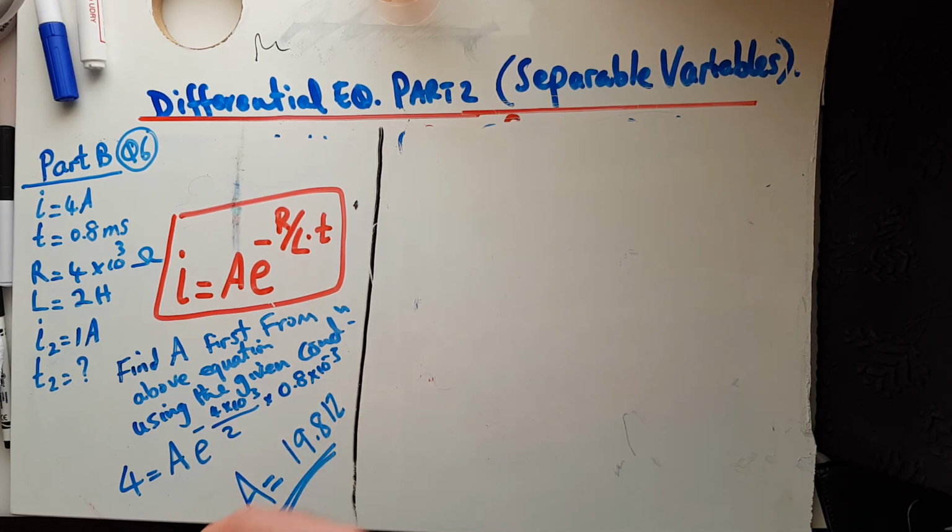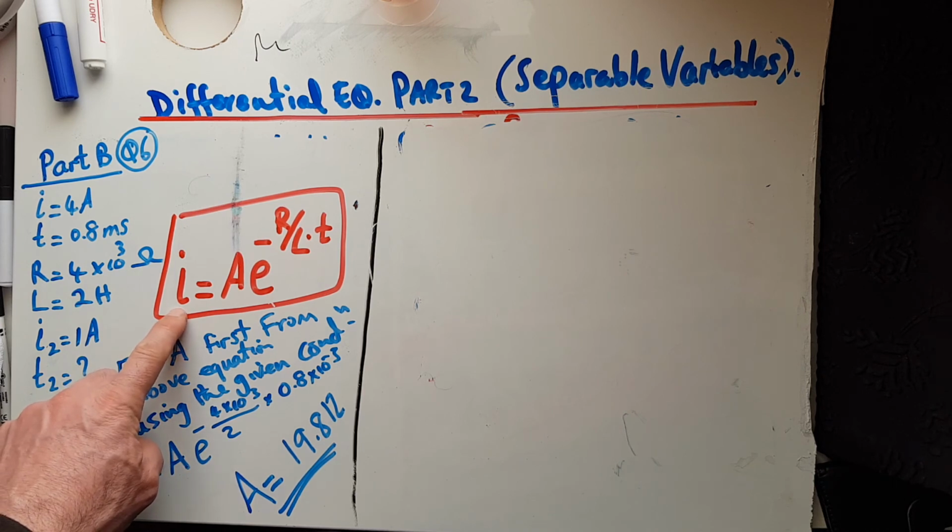That will give us a value for a equal to 19.812. Now we substitute this value back into the equation, and we need to find the time when I is equal to 1.